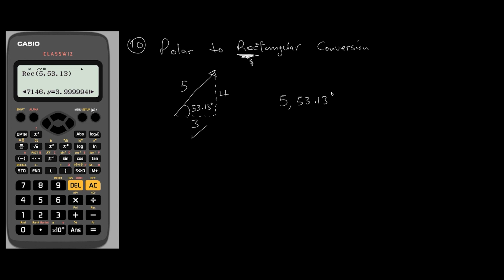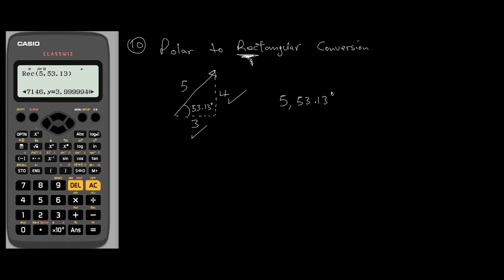Which is correct. So it's giving you X equals 3, Y equals 4 on the calculator screen there. Okay, which is good. Okay, so for polar to rectangular conversion, you need to give it an amplitude for a vector, which is 5 length here, and its angle, the angle it makes with the horizontal, 53.13.